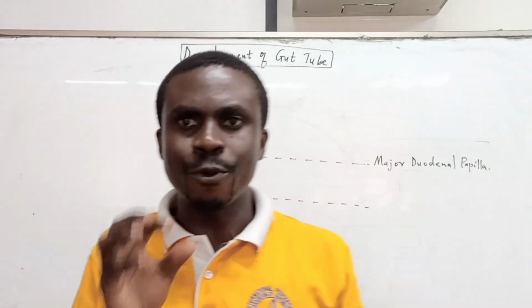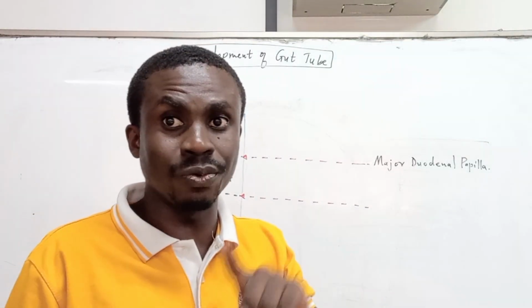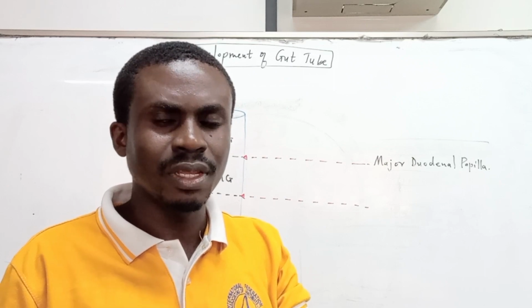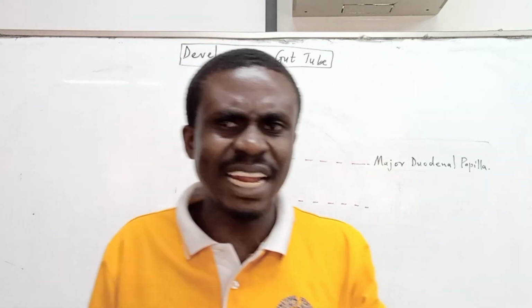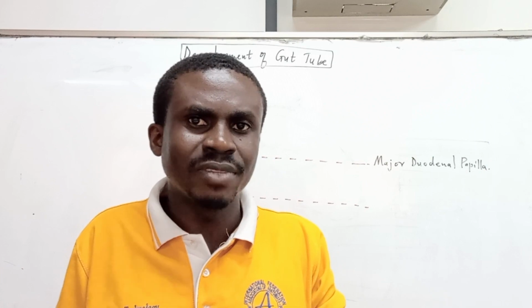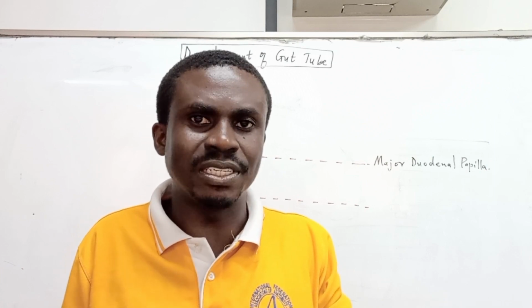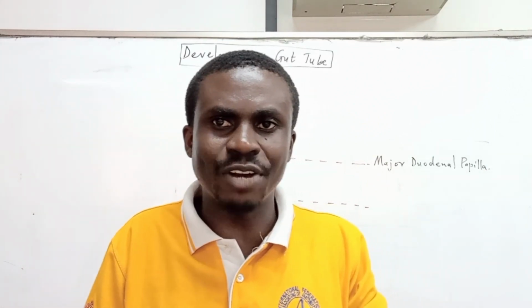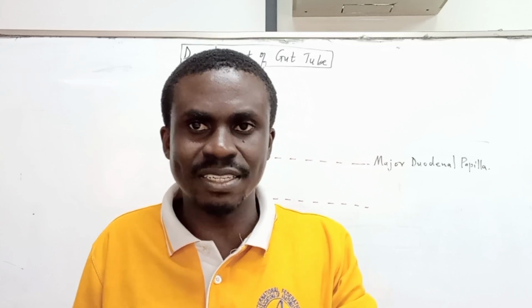Now, some people erroneously talk about the ligament of Treitz. No, that's not true. What's the reason? The ligament of Treitz clinically is used to distinguish or separate the upper gastrointestinal tract from the lower gastrointestinal tract.